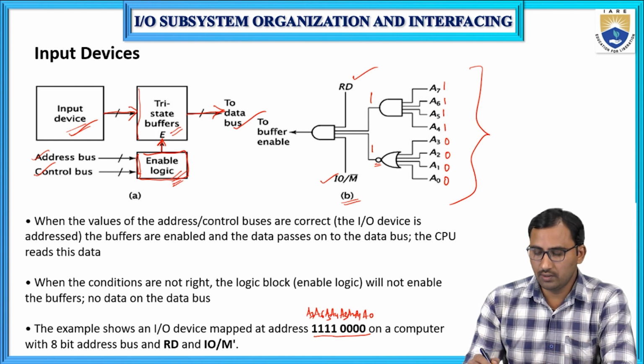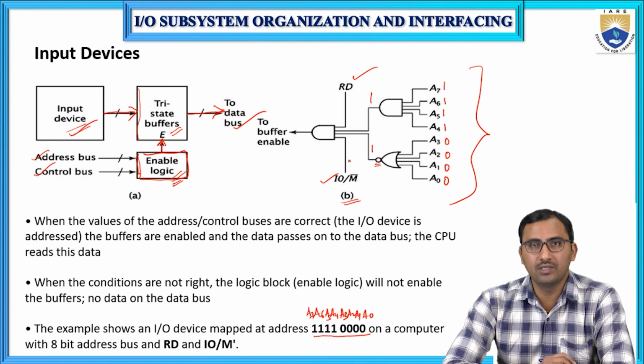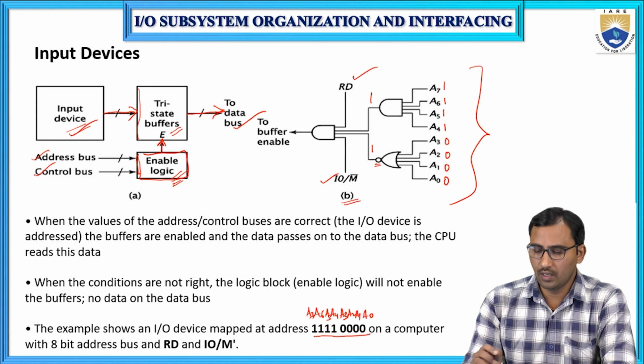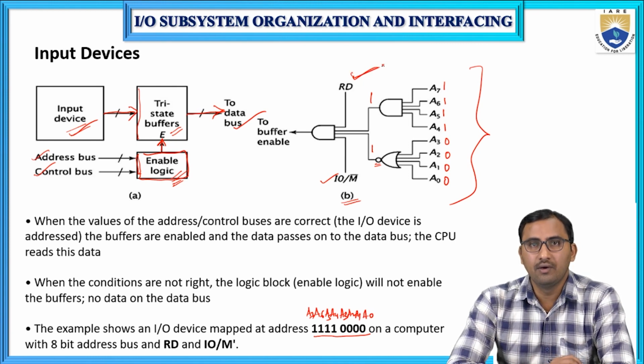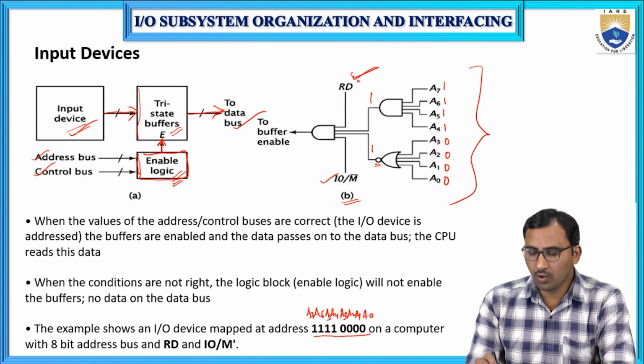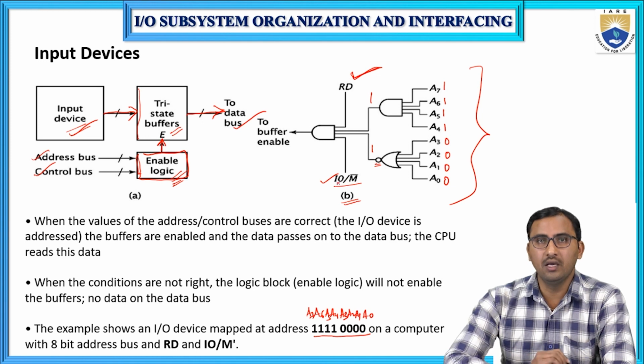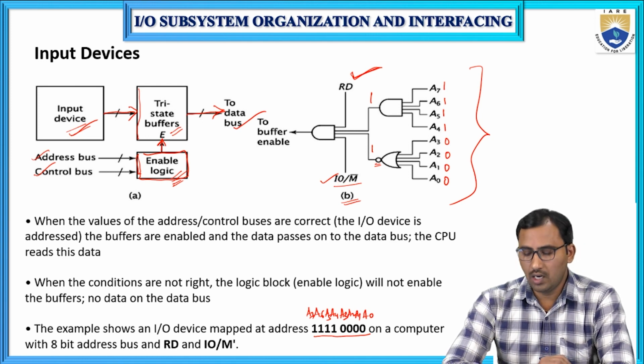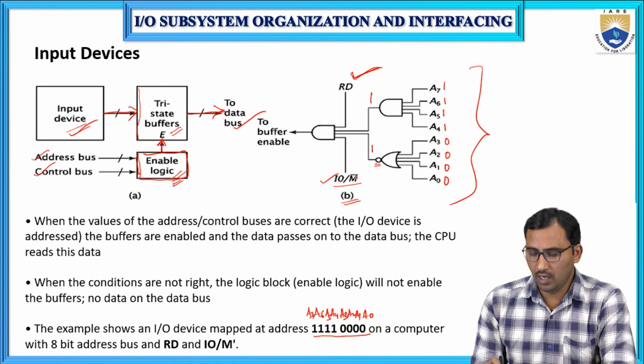This determines what type of operation it has to do. What type of operation are we doing with the input device? We are performing the read operation. That's why the read signal is there. And IO bar: IO means input or output, and bar means memory. IO is an active high signal.